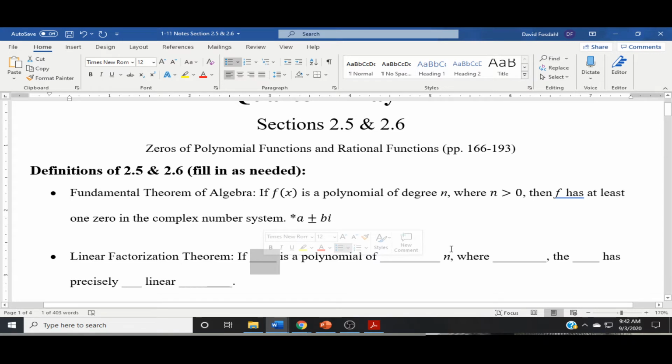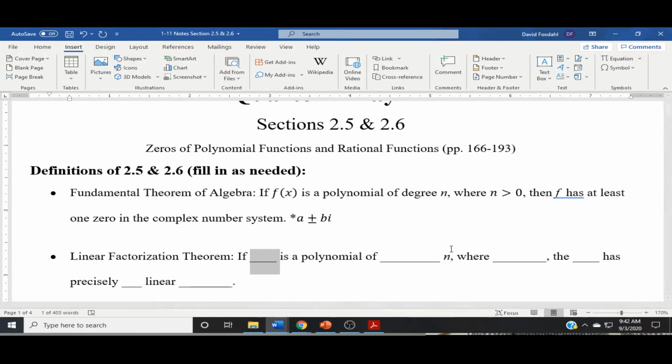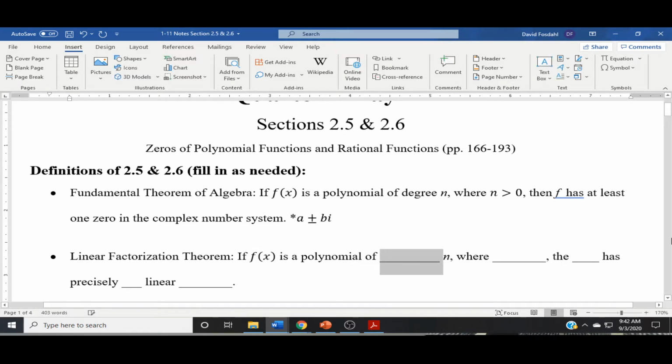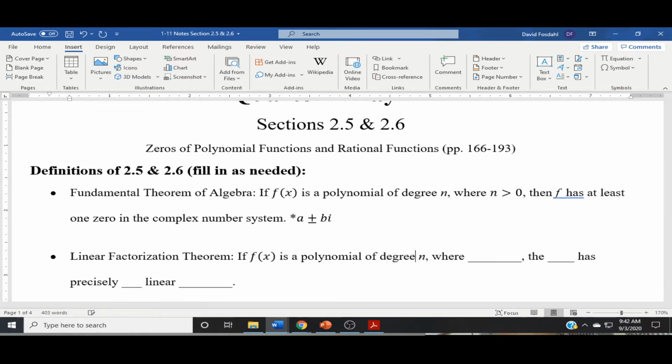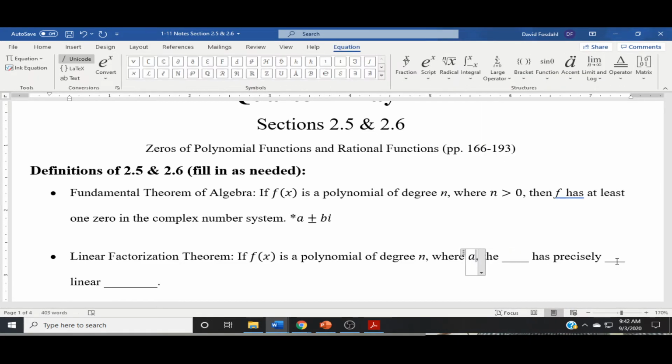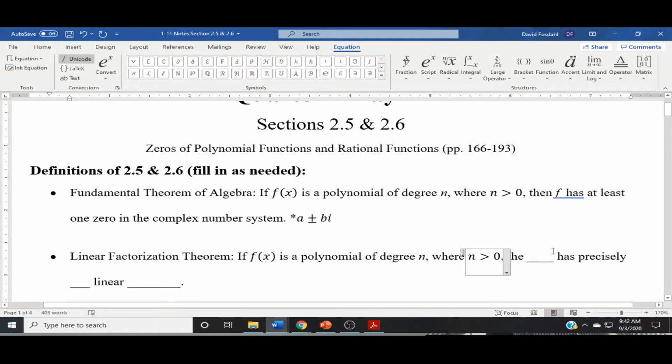Linear factorization: if, again, f of x is a polynomial of degree n, and where, again, we're going to be seeing much of the same things. n is going to be greater than 0, same concept.